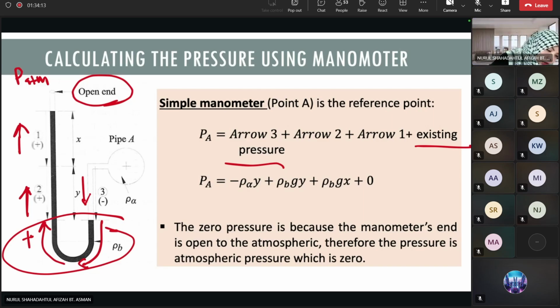That's why negative. Negative PA is ρgh, where h is the height. Okay. So why zero? The atmospheric pressure is zero because manometer N is open to atmospheric pressure, so the gauge pressure is zero.